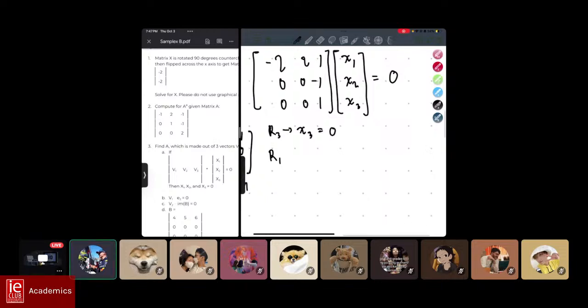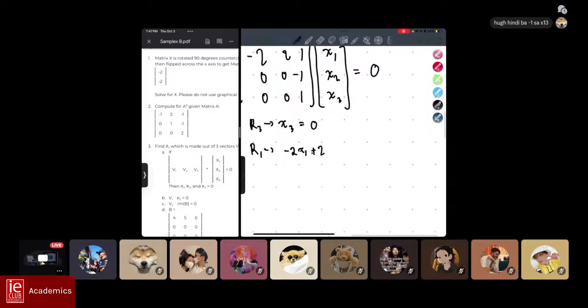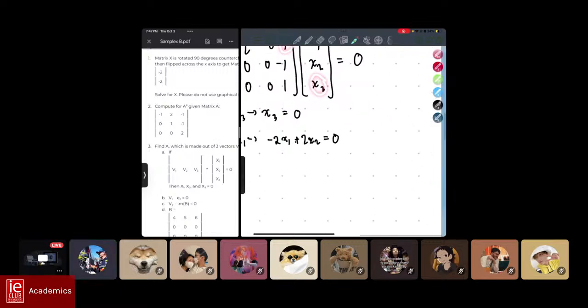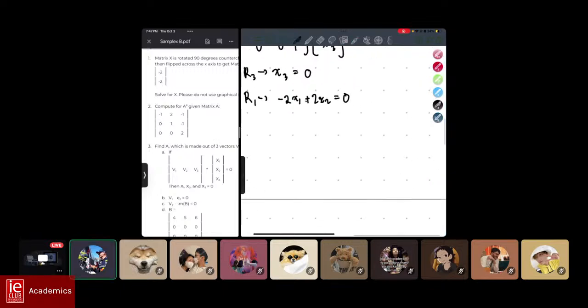From row 1, we know that negative 2x1 plus 2x2 is equal to 0. We skipped the x3 term because we know that x3 is 0. So what that means is we can move stuff around. 2x2 is equal to 2x1, which suggests that x2 is equal to x1.